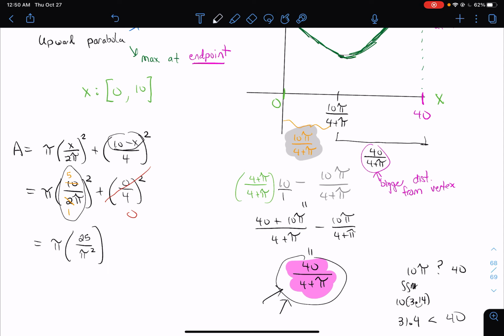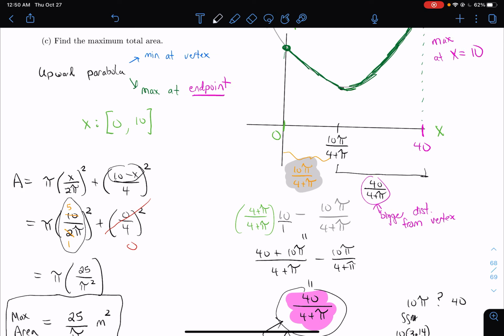I'm almost there. Just got to cancel the pi. And I'll get 25 over pi. Okay, and this is my maximum area. I just need the units now. And the units of area here were meters squared. Meters squared. That is my maximum area.